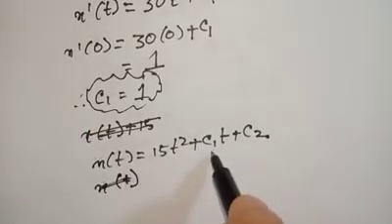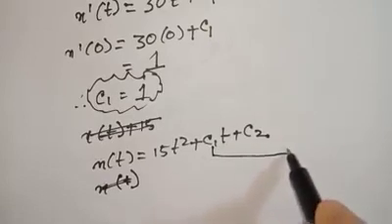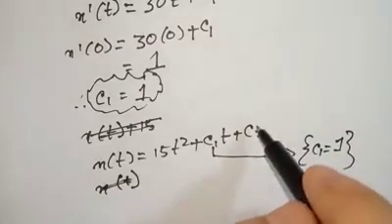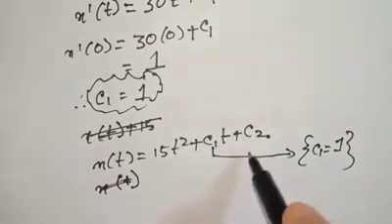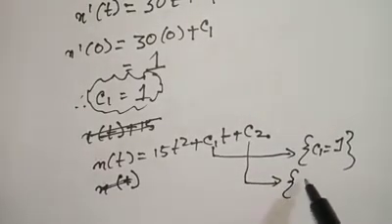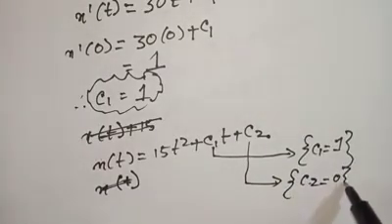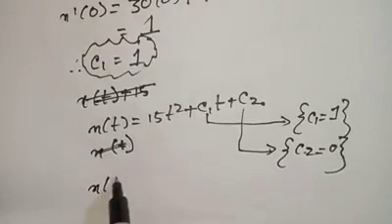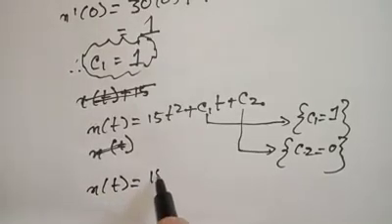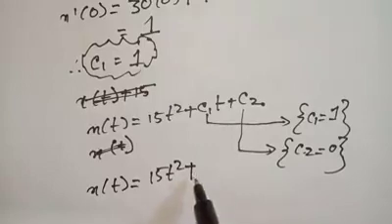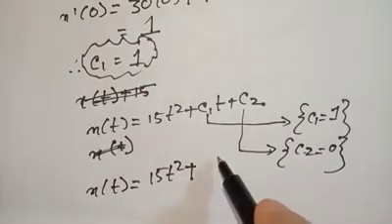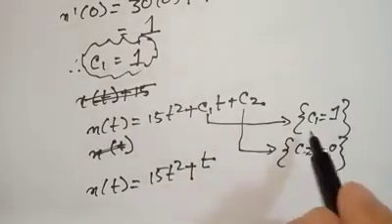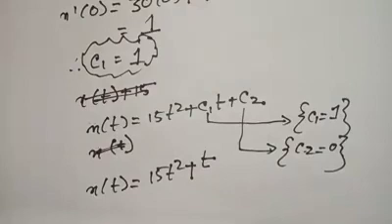Because c1 is 1, and in this case c2 equals 0. So from here we can write that x of t equals 15t squared plus t, because this is 1 and this is 0.